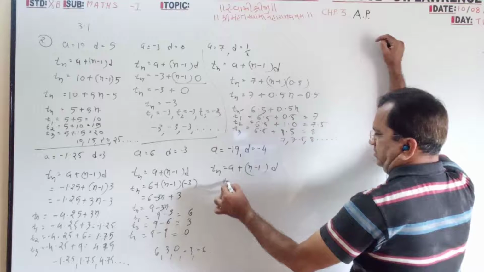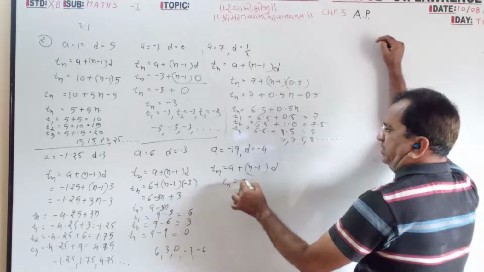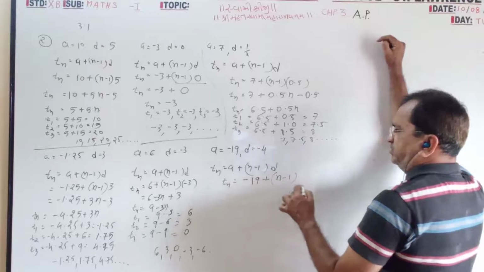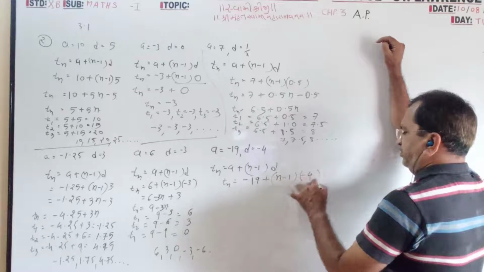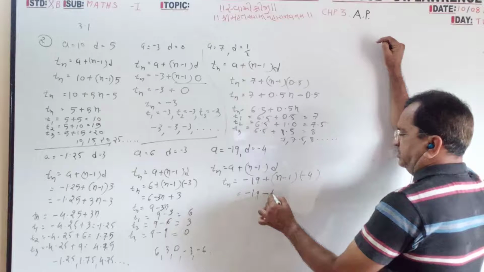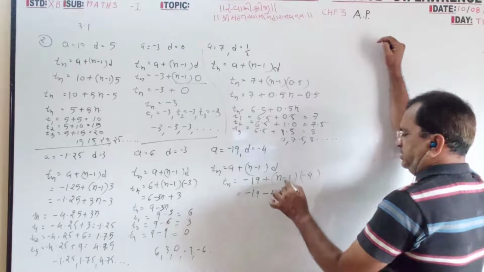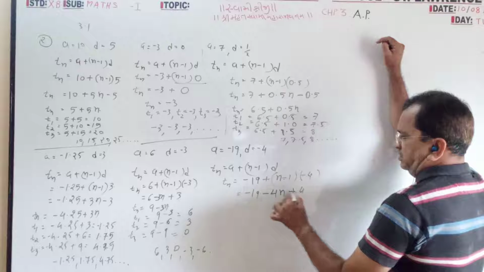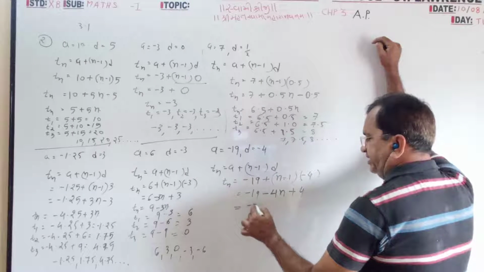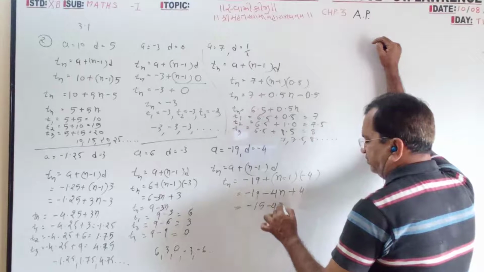Tn is A, minus 19, plus n minus 1 times d, which means minus 4. Minus 19 plus 4, it is minus 15 minus 4n.